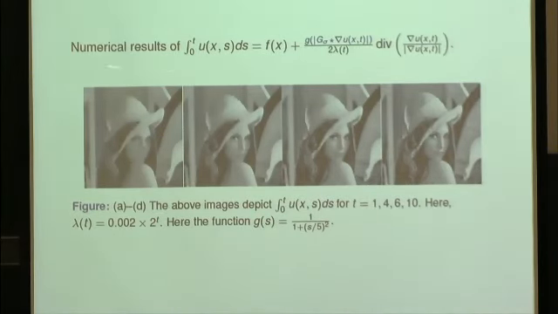This is the result of this modified filter IDE model. Again the large scale images are there, but the edges are more pronounced, right? And again it is the same behavior, more and more details come into this sequence as t increases.